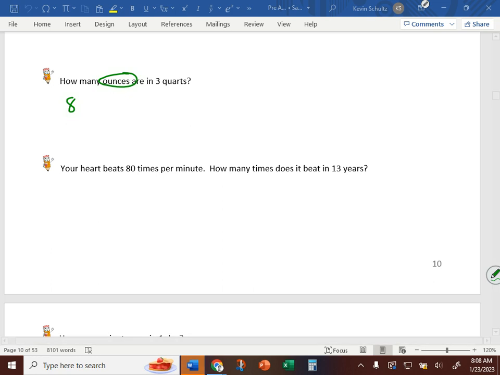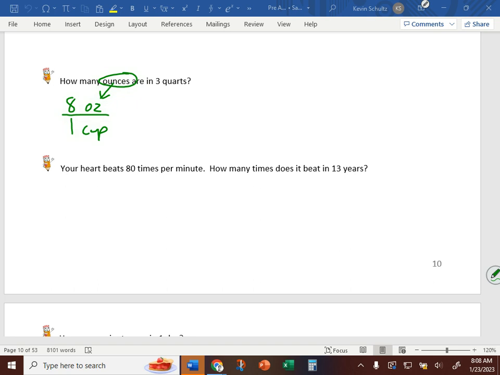The abbreviation for ounces is OZ. I don't know why, it just is. Okay, there are 8 ounces in 1 cup. And we're starting with that because of what we know about ounces: there are 8 of them in a cup. And we're building up to quarts.